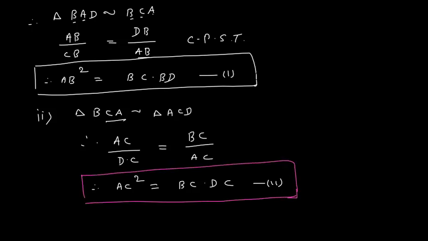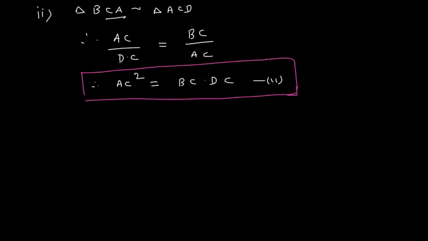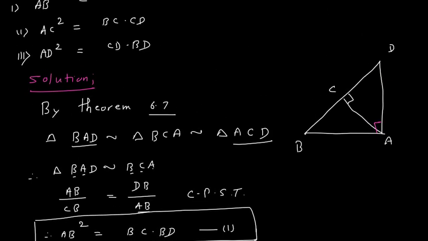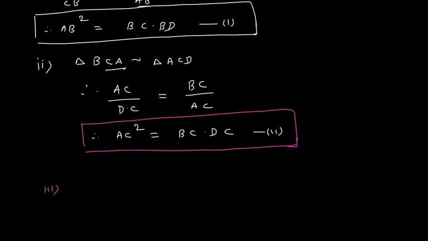And third I will take triangle BAD and ACD. They are similar triangles, so triangle BAD is similar to triangle ACD.